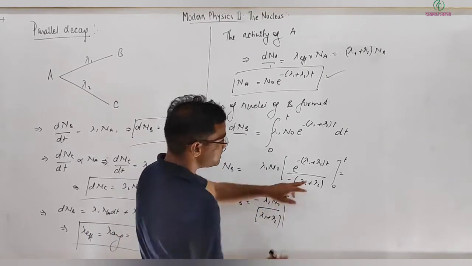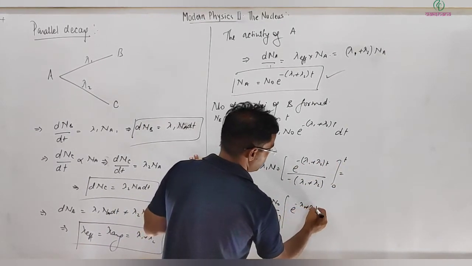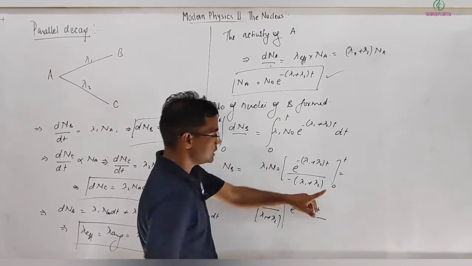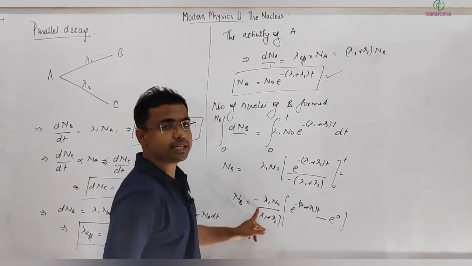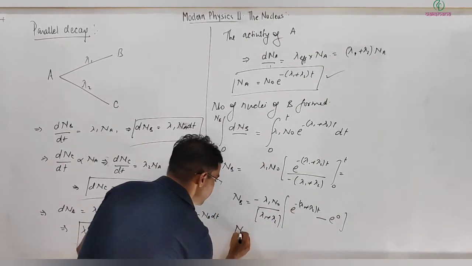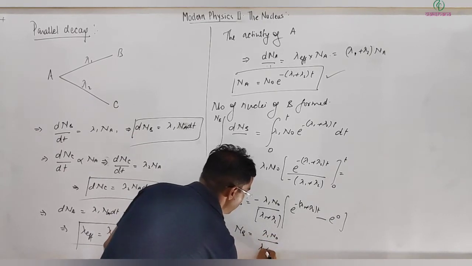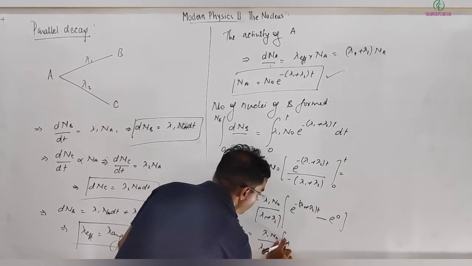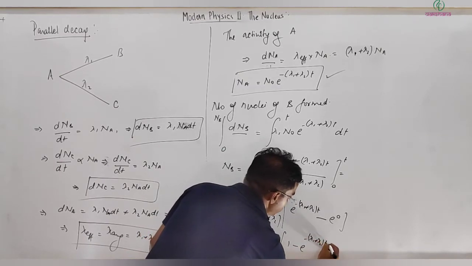Now I am substituting the limit t, then it will be e raised to power minus lambda 1 plus lambda 2 into t, minus substituting this limit, so it's e power 0, that is equal to 1. Considering this minus, I'm finally getting NB is equal to lambda 1 N naught divided by lambda 1 plus lambda 2 into 1 minus e raised to power minus lambda 1 plus lambda 2 into t.